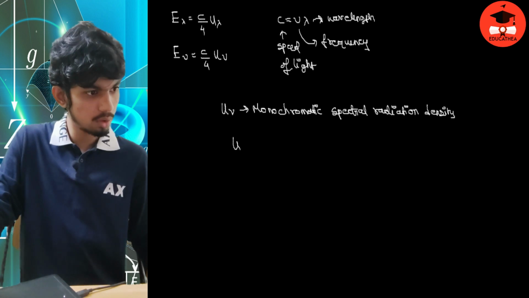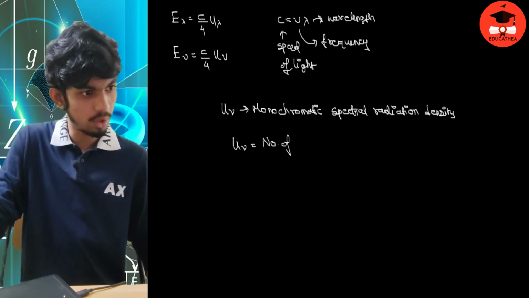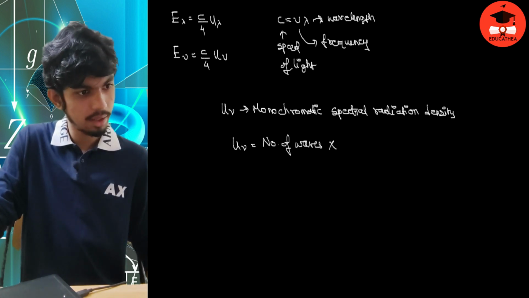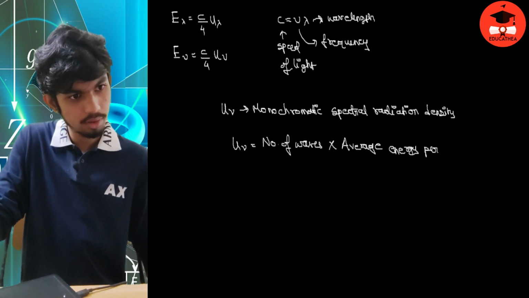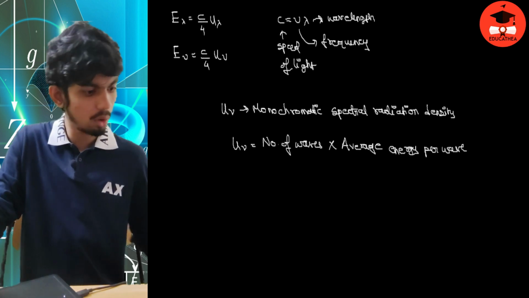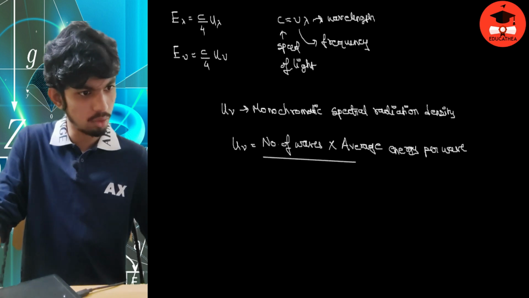So U nu is basically the number of waves multiplied by average energy per wave, whole divided by the volume.